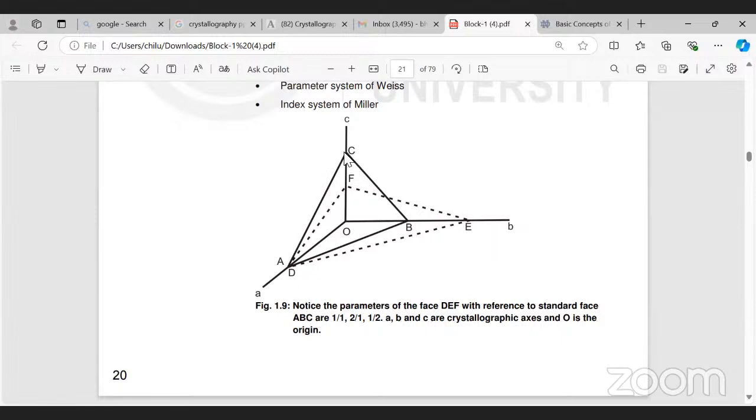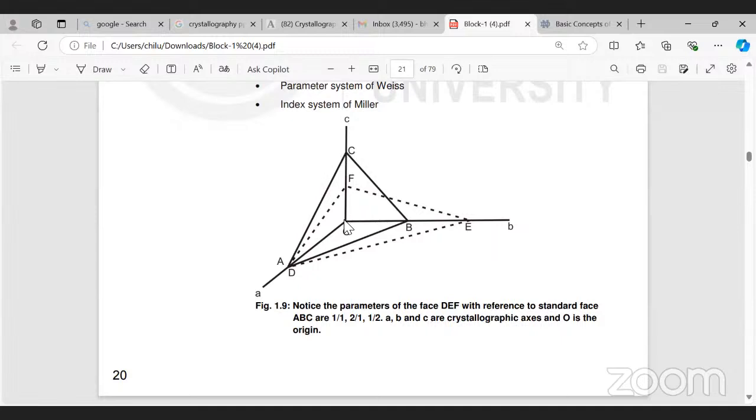This is the solid angle, in other terms an edge, and a corner also. Two or three edges create a corner.